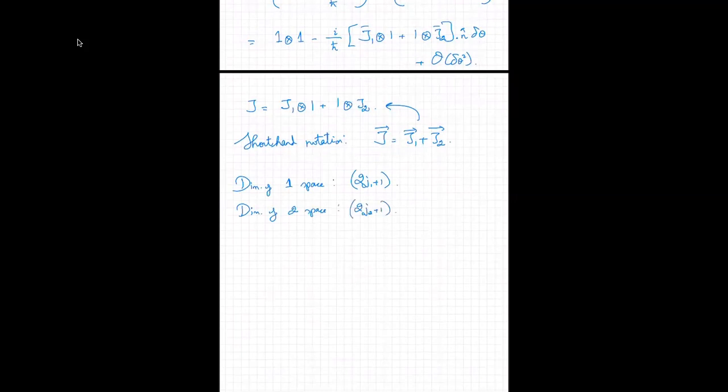But the dimension of the direct product space is (2J1 plus 1) times (2J2 plus 1).